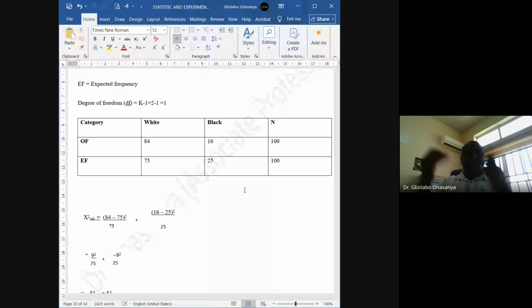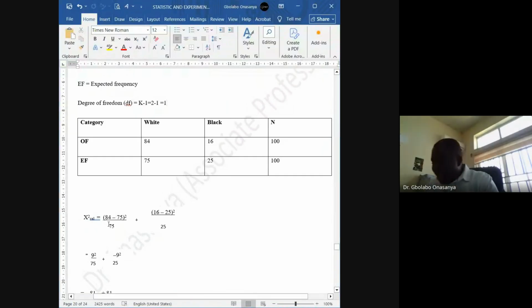Now we have to calculate chi-square. Look at the chi-square formula. Observed frequency minus expected frequency raised to power 2 over expected frequency.